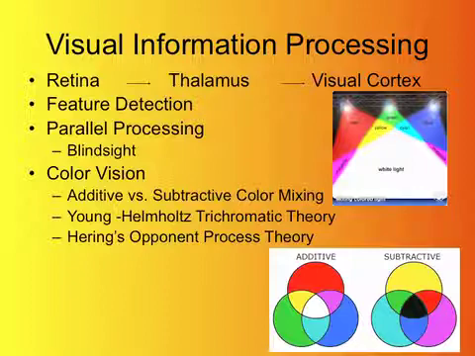Young and Helmholtz come up with the idea that these cones in the retina that are in charge of seeing color actually have three different photopigments in them that correspond to the additive light process.